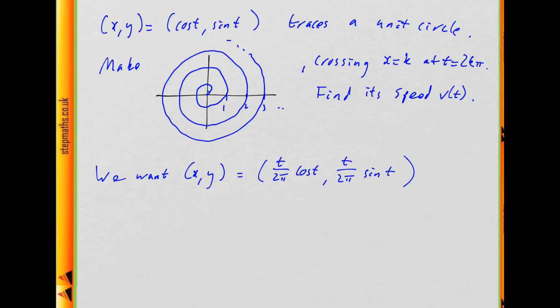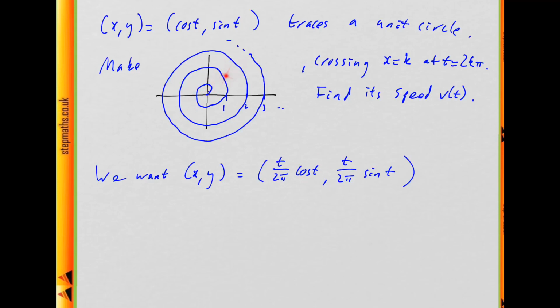So how do we do that? Well, what is the speed? It's the derivative with respect to time. And that might look difficult to work out because we've got two coordinates here. You might be tempted to think, well, we'll find the distance from the centre and we'll take the derivative of that.